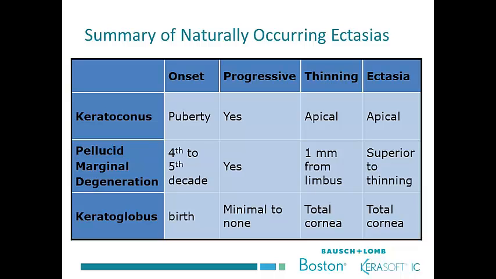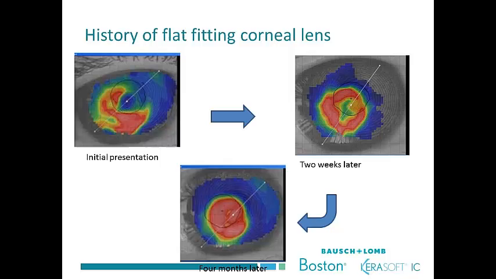And while cross-linking is not FDA approved yet, once it achieves approval, it may likely become the standard of care for patients with naturally occurring ectasias to halt the progressive nature of the ectasia. So it's something to keep in mind when you're managing this category of patients.